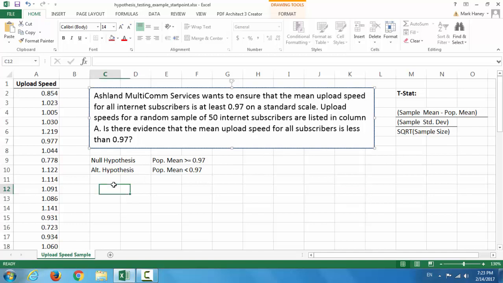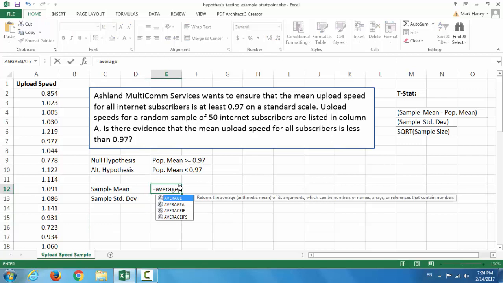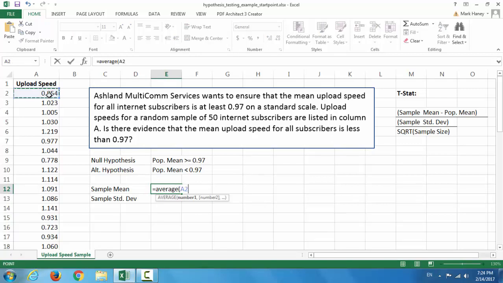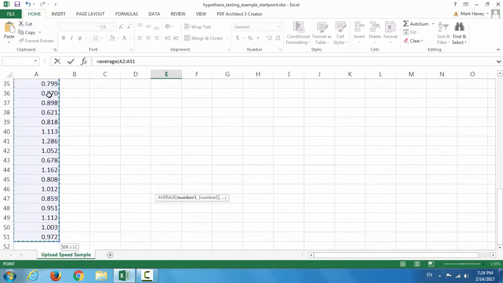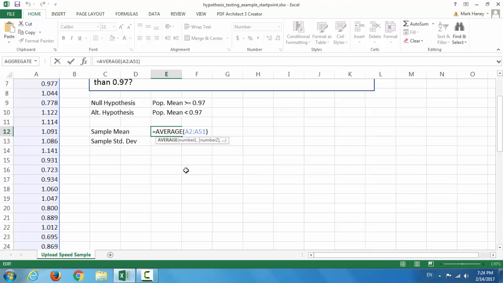So to get these, we need the sample mean, we need the sample standard deviation. The sample mean is just the average function on all these upload speeds in the sample. I use Control-Shift-Down arrow to select them. So there's my function, equals average of all those sample upload speeds.